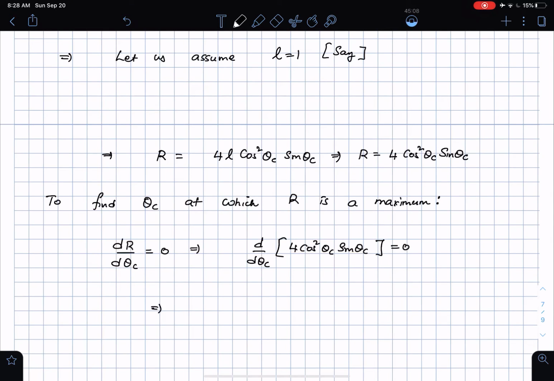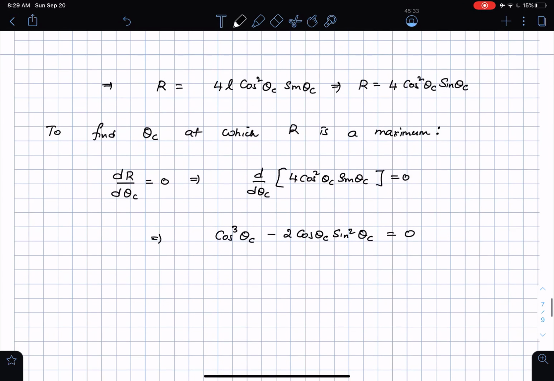If I do the differentiation, the factor of 4 is going to knock off. So the differentiation of cos squared theta sine theta c gives cos cubed theta c minus 2 cos theta c sine squared theta c, and that is equal to 0.